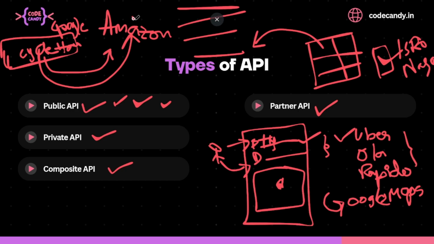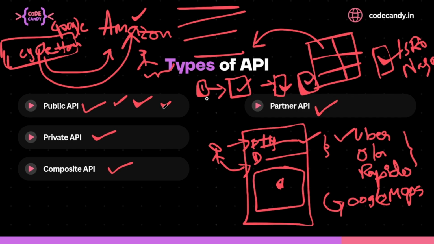But in Amazon, it will also use some personal APIs, like how each product should show suggestions and what the combinations of the products are. Suppose I am searching for a mobile, it will automatically give me a mobile case, earphones, or some glass.